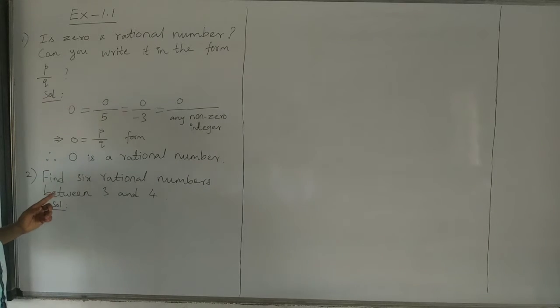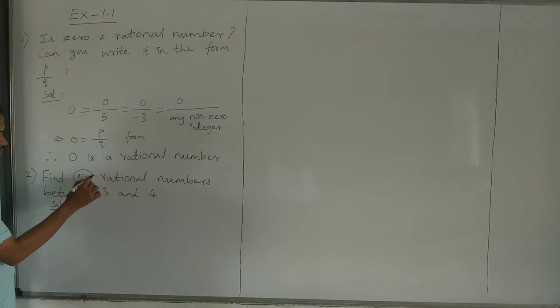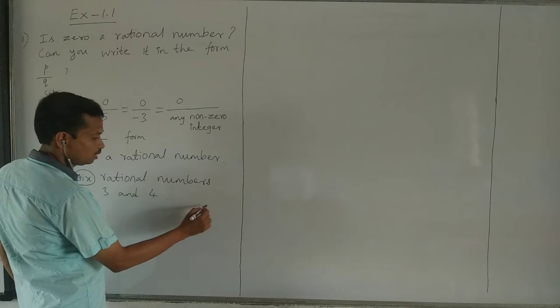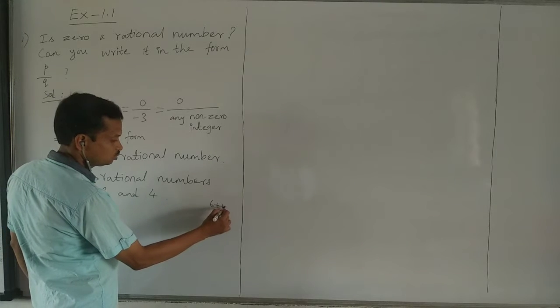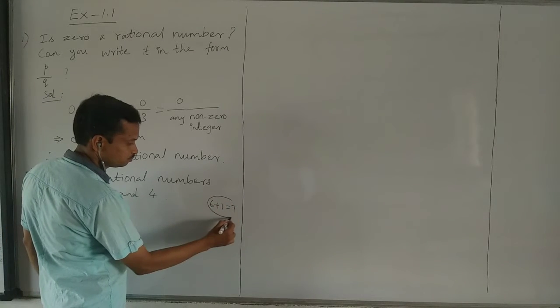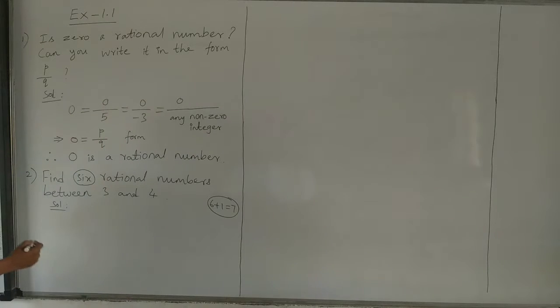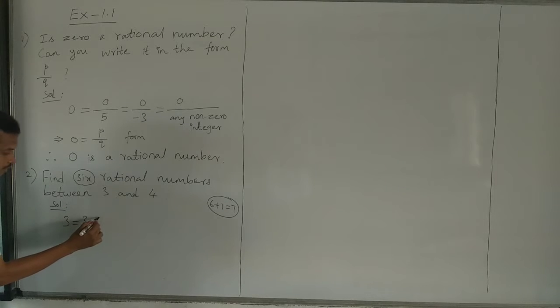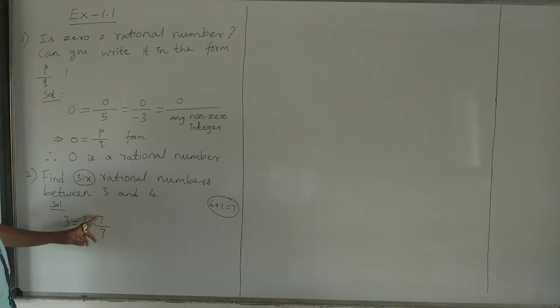Now coming to question number 2. Find 6 rational numbers between 3 and 4. So how many are they asking? 6 rational numbers they are asking. So you take 6 plus 1, what is it? 7. And now in the solution, the first number is 3. Just multiply 3 into 7 by 7.